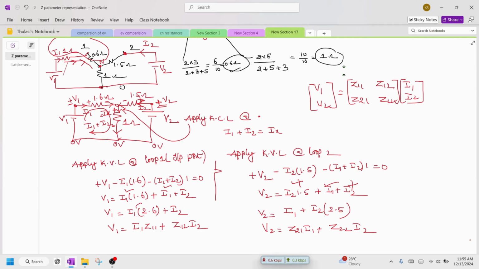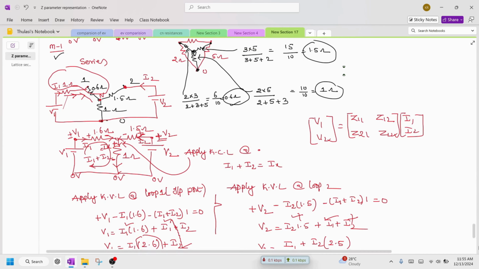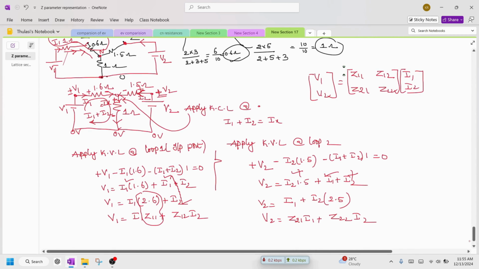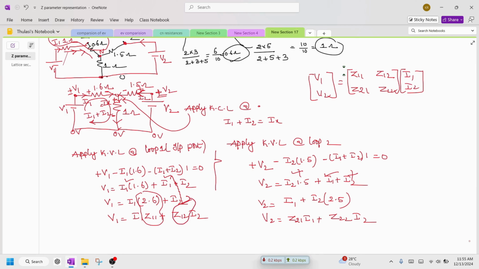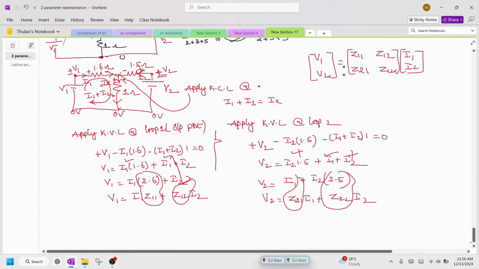When you compare these equations, the value of Z11 is 2.6 ohm, Z12 is 1 ohm, Z21 is also 1 ohm, and Z22 is 2.5 ohm. So these are the required answers.